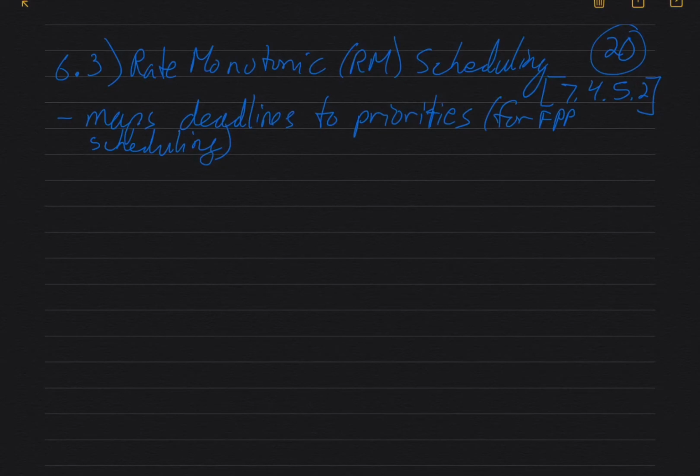So the runtime scheduler will be FPP, but you do this mapping ahead of time, and the fixed priority is inversely proportional to the period of the task. The task with the shortest period will have the highest priority. The task with the longest period will have the lowest priority.